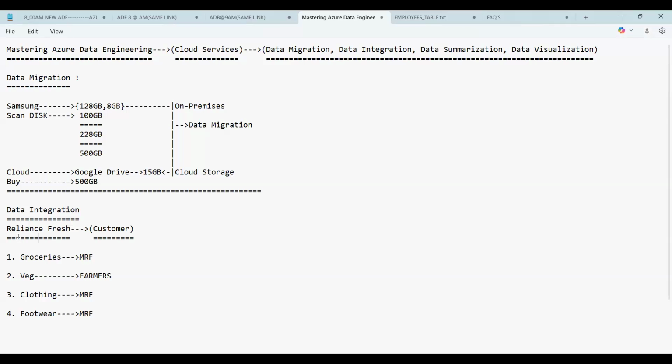Technically, this process is called integration. Technically it is called what, guys? Integration process.